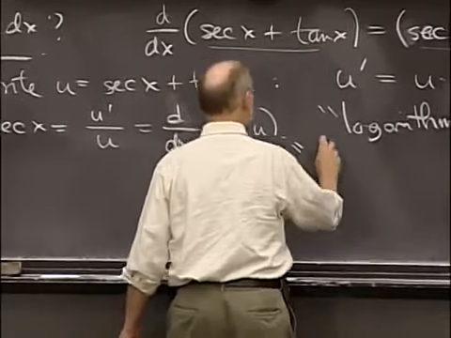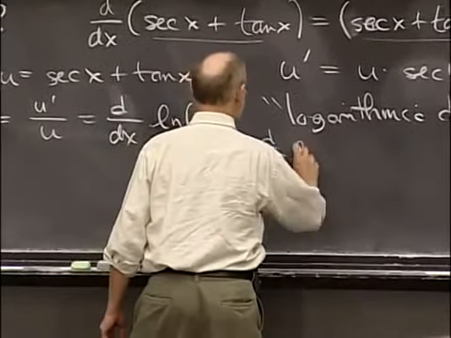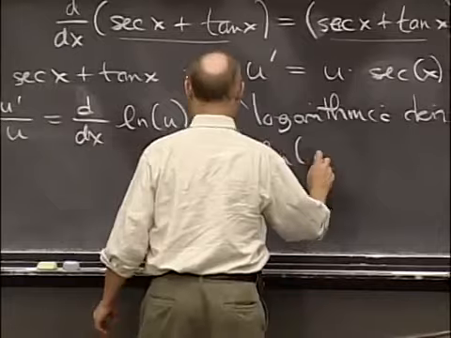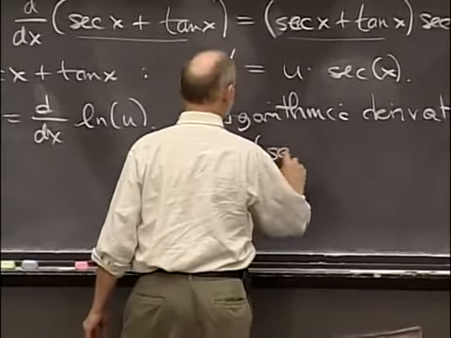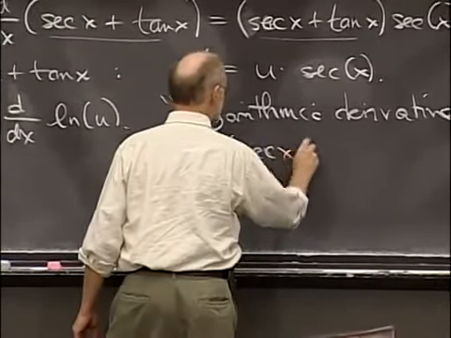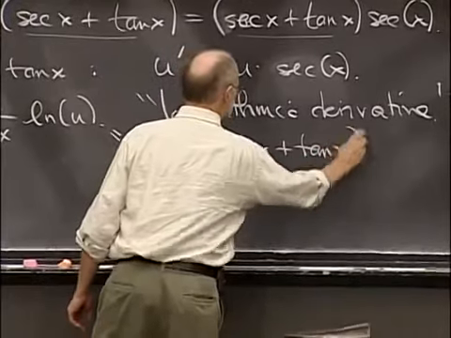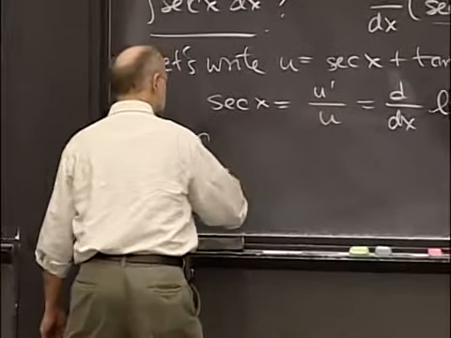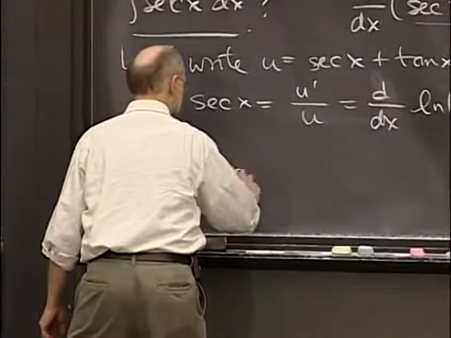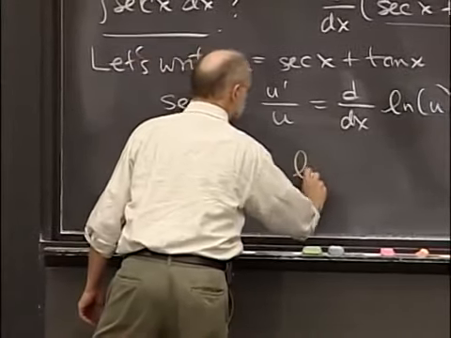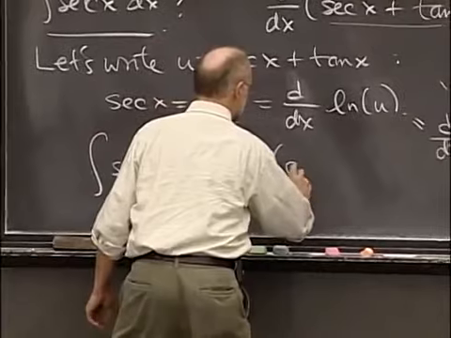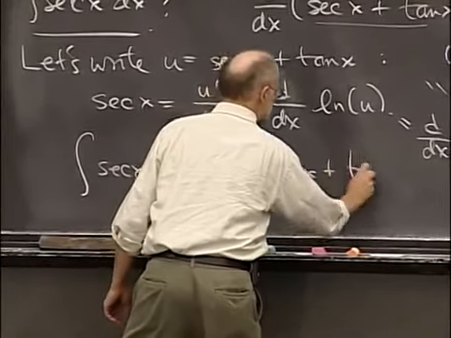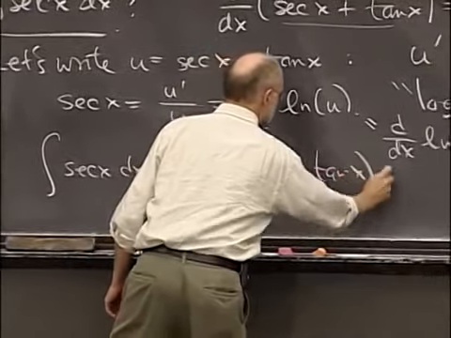And I guess I should put in what u is. It's the secant plus the tangent. And so that implies that, integrating both sides, the integral of the secant of x dx is the natural logarithm of the secant of x plus the tangent of x.